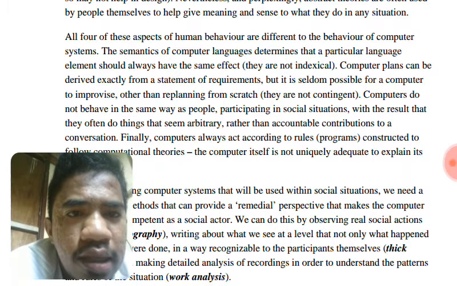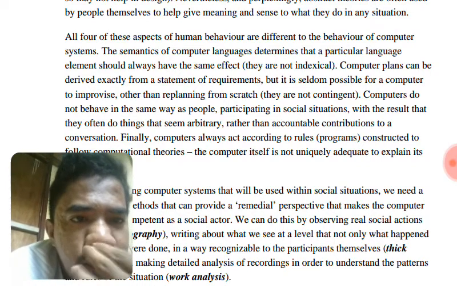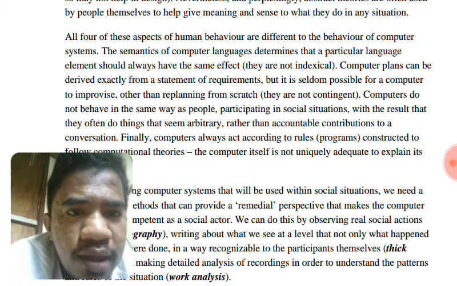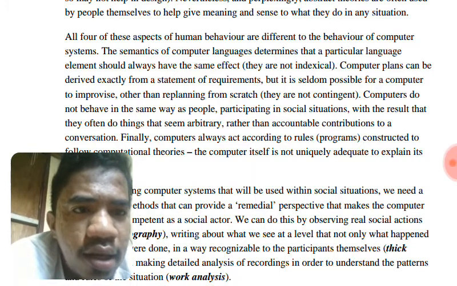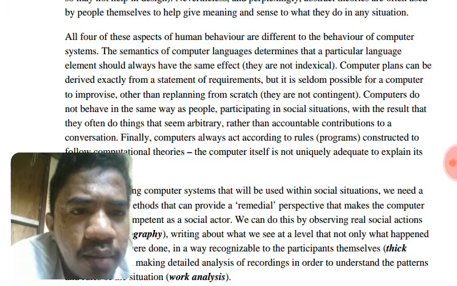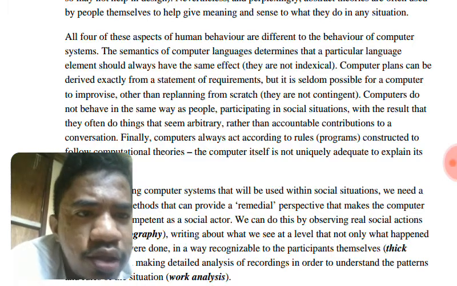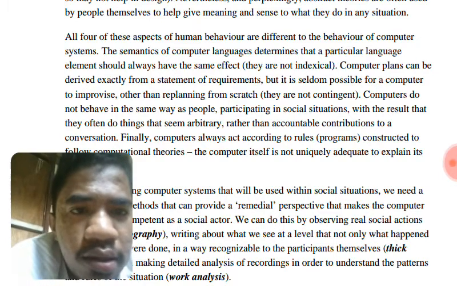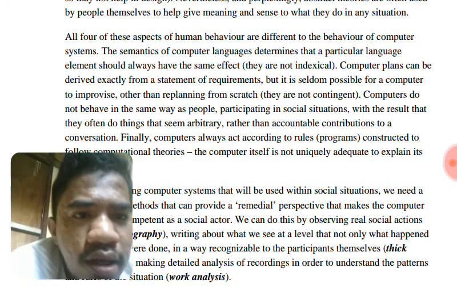The semantics of computer language determine that particular language elements should always have the same effect. They are not indexical. Computer plans can be derived exactly from the statement of requirements, but it's seldom possible for a computer to improvise, other than replanning from scratch. They are not contingent.